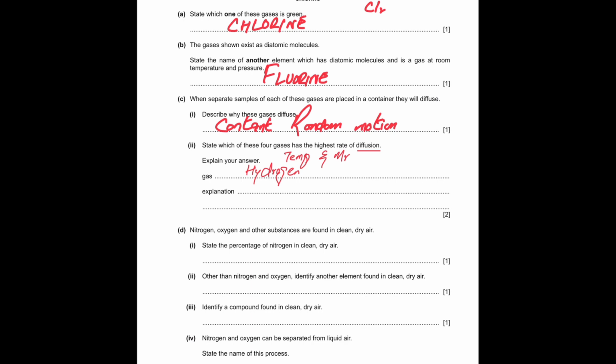Because it has the lightest relative molecular mass. You know that the molecular mass of hydrogen is 1, so it has 2 hydrogens, 1 multiplied by 2, so it has a relative molecular mass of 2.